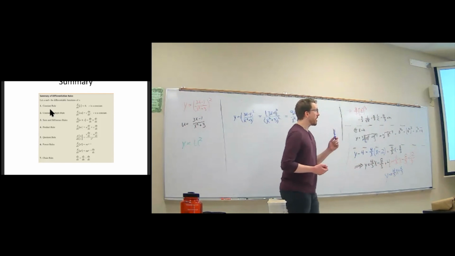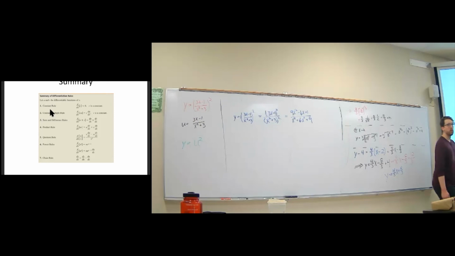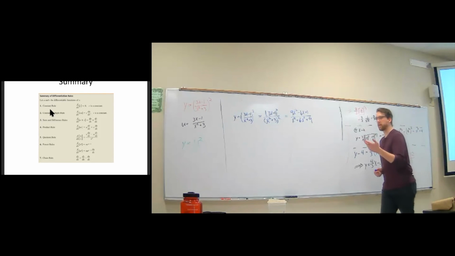Power rules, we've got two of them now. We've got the simple power rule, we have the general power rule. The general comes from the chain rule, which is dy dx is equal to dy du times du dx.